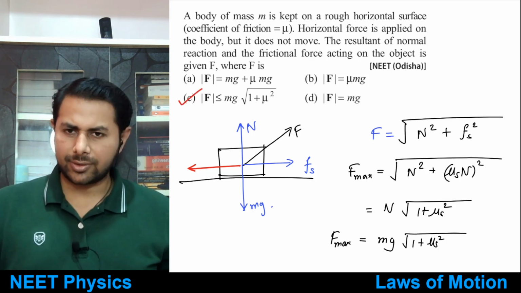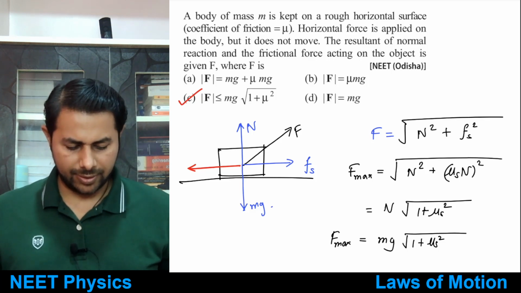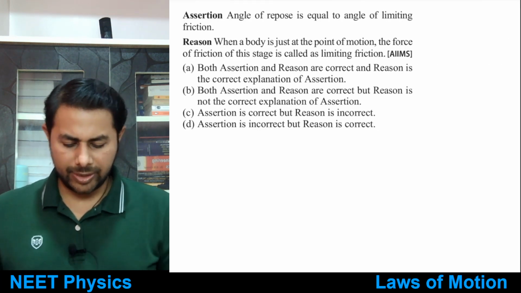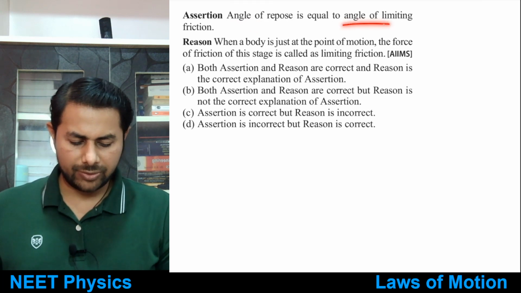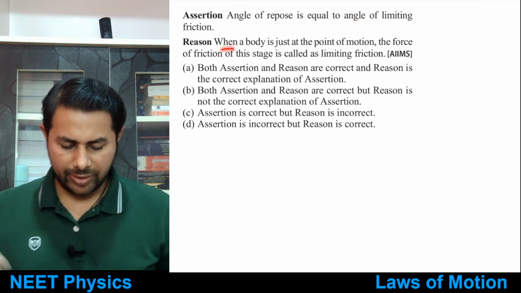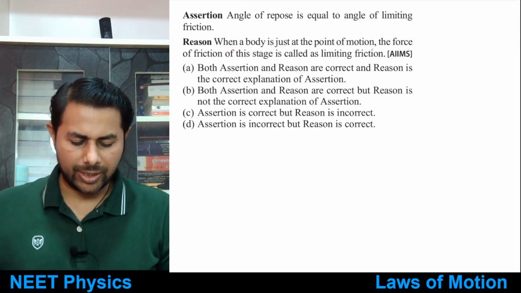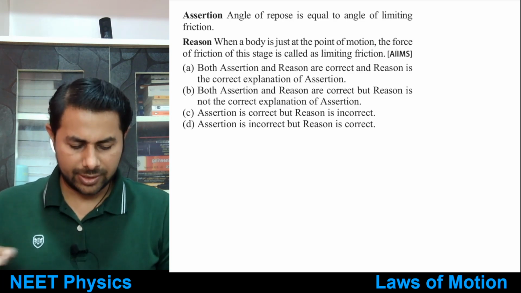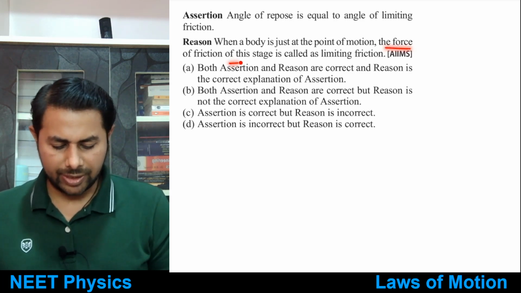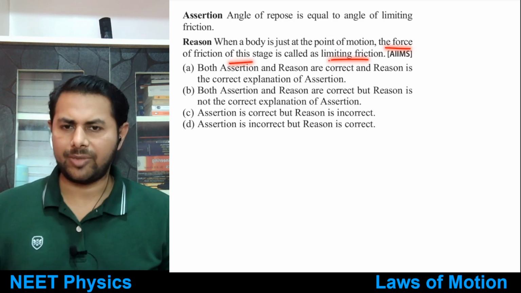Okay, so this was a simple question, right? Let's see another one. Assertion: angle of repose is equal to angle of limiting friction. Reason: when a body is just at the point of motion, that means it just begins to slide, the force of friction at this stage is called limiting friction.